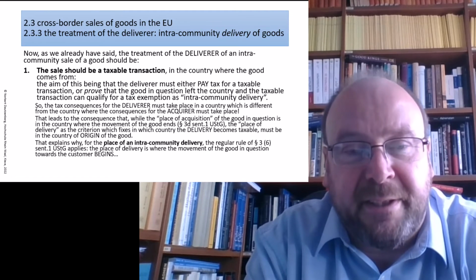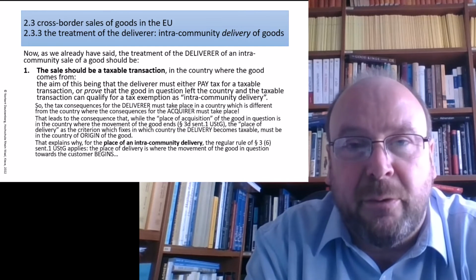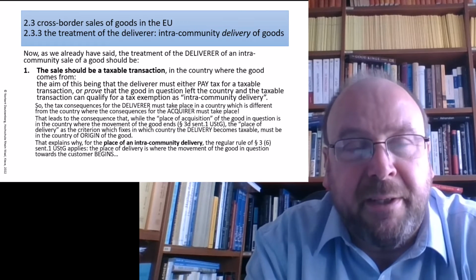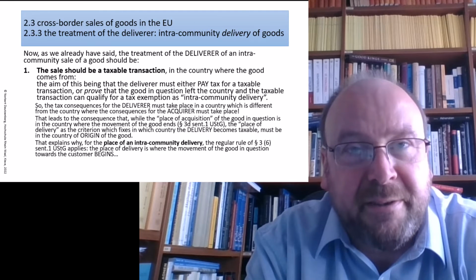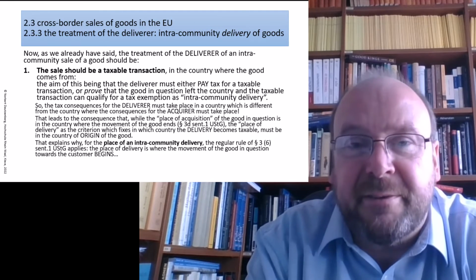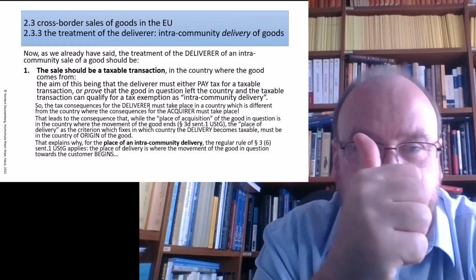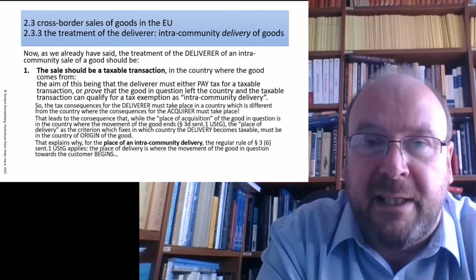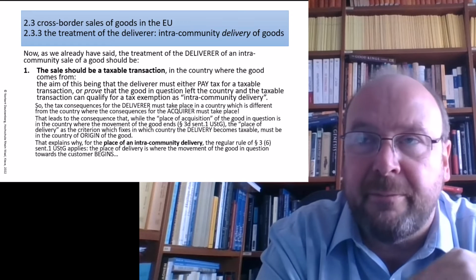But the decisive thing is, under which circumstances can your fiscal administration only demand such proofs? Only if the law applies to you. And so in the country where the goods were before they were sent to the buyer, you need a taxable transaction. So you need that it is classified as a delivery, that was 3.1 or sometimes 3.1a, and that the place of delivery is in the country of origin.